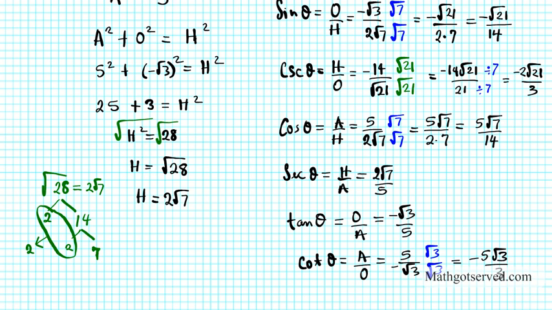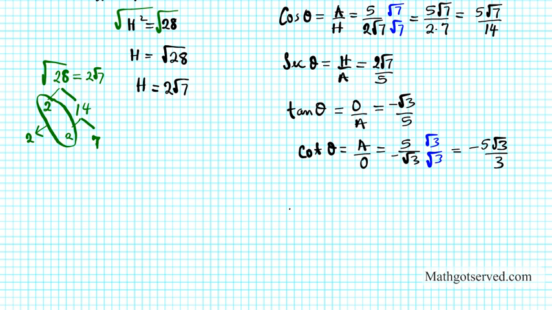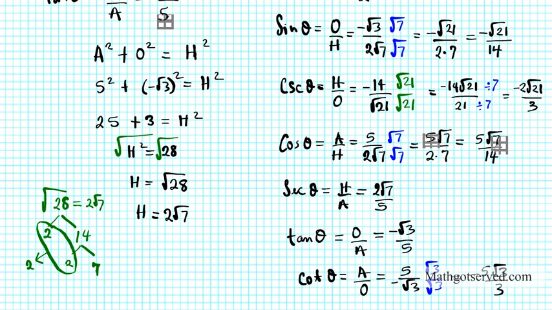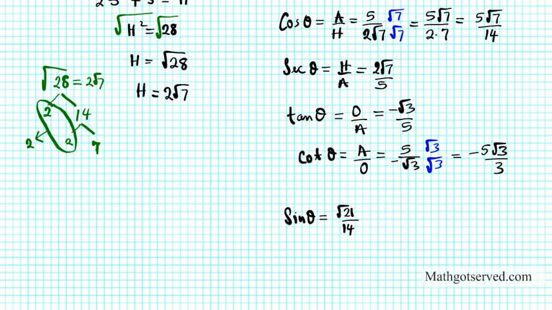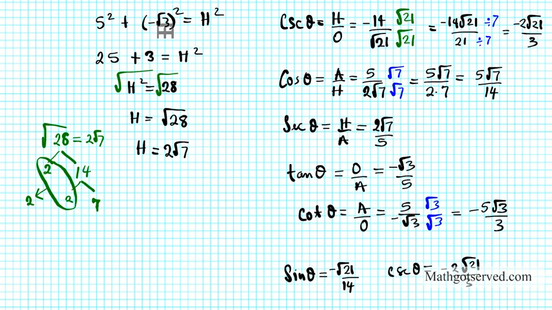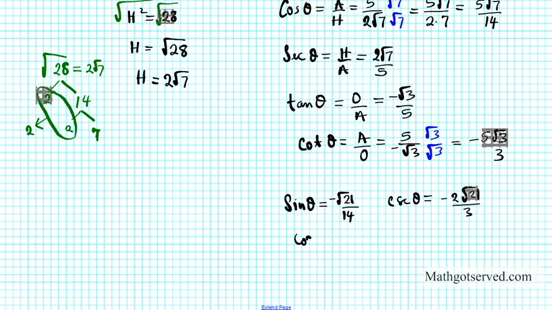I'm going to organize them so that it's easy to read. So we have sine theta is negative root 21 over 14. Its reciprocal cousin, cosecant theta, is negative 2 root 21 over 3. And then cosine theta is 5 root 7 over 14.